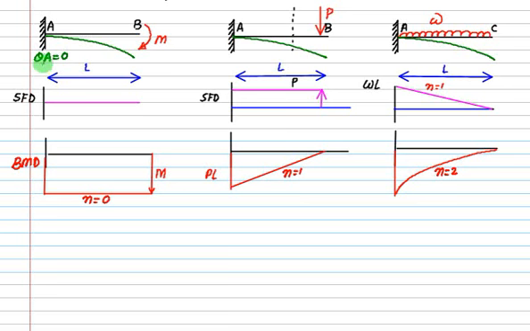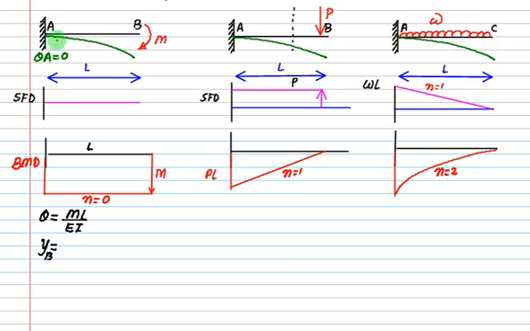So all the x bar is to be measured from where? B. Fine. Now what is theta? Theta is equal to the area of the bending moment diagram. What is the area of this diagram? Is it ML divided by EI? Part 1 is over. What is Y at B?